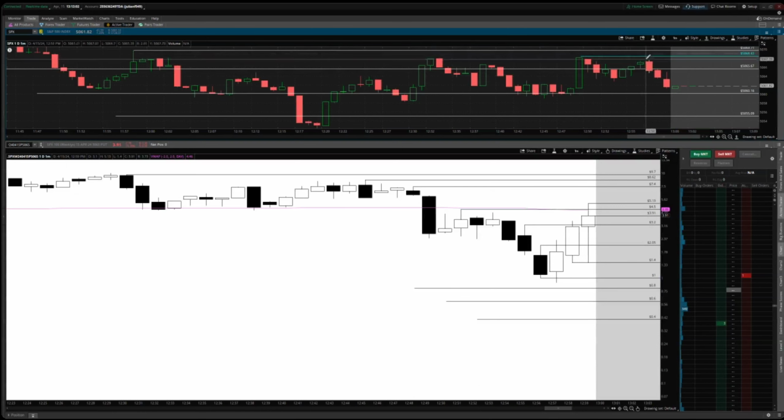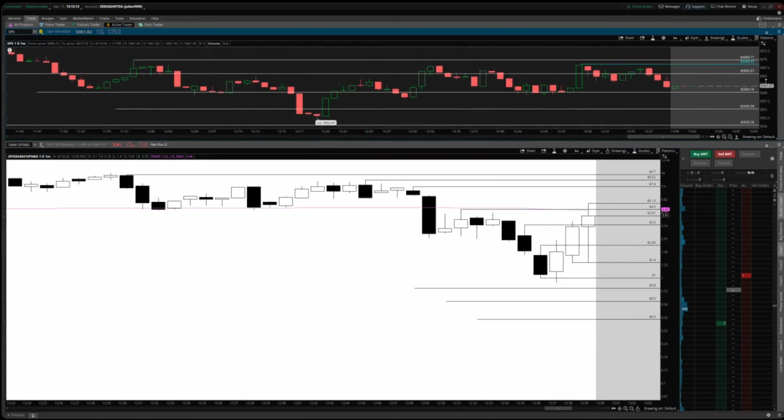This is where you determine: if this thing is going down, the closest strike is 50.65. If it continues higher, the closest strike is 50.70. Which one you choose is entirely up to you, but let's say you chose the 50.65.